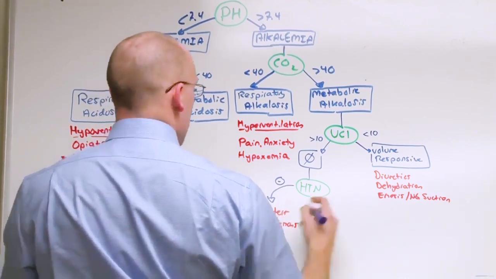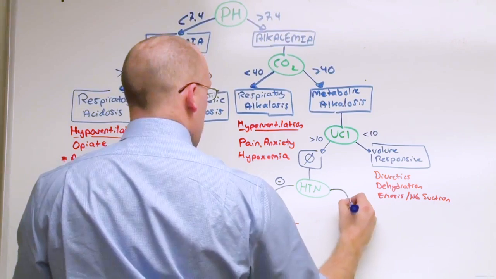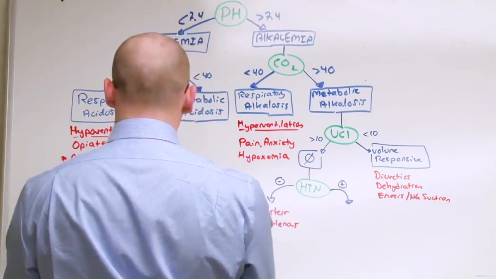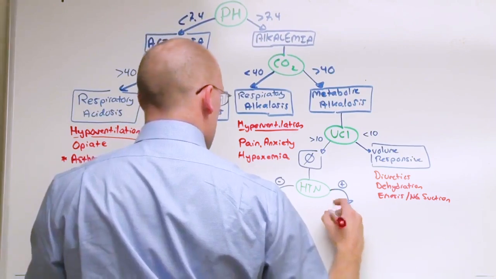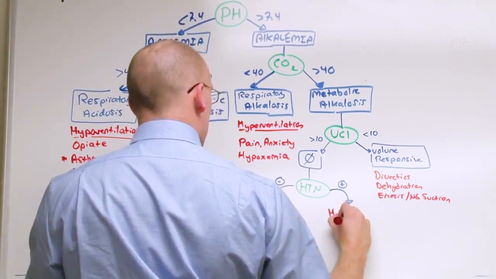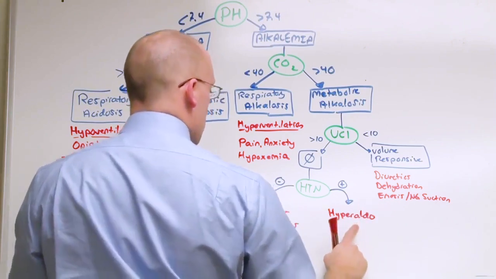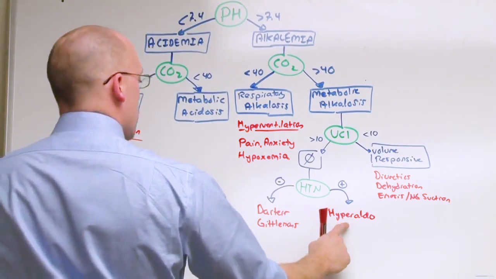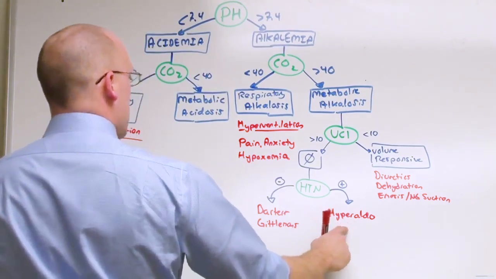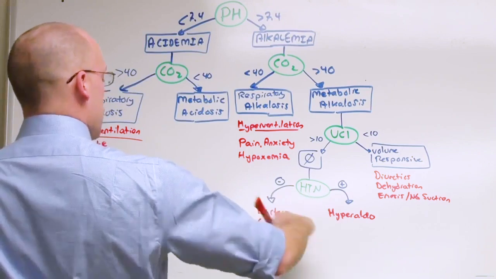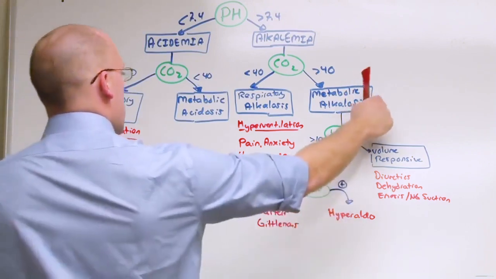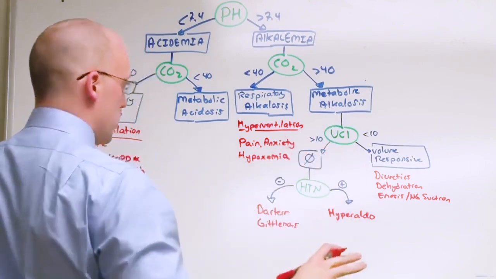And if you have hypertension, you're looking at those hyperaldosterone states, those inappropriate hyperaldo states. Things like renal artery stenosis and primary hyperaldosteronism. You're not going to get down here on the test. So long as you identify metabolic alkalosis, get a urine chloride, you're doing good.